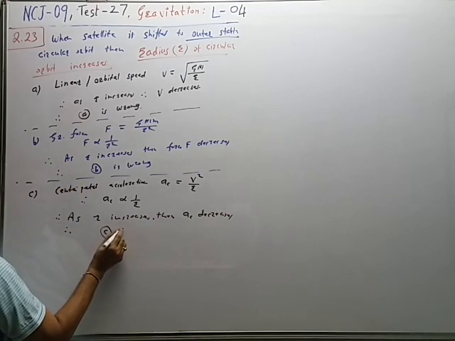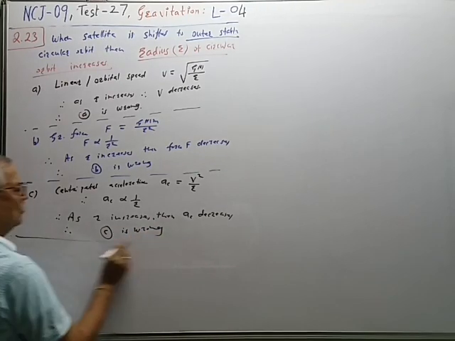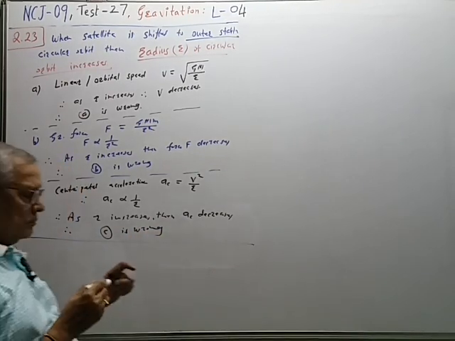That C is wrong. So ABC is wrong, means D must be correct.